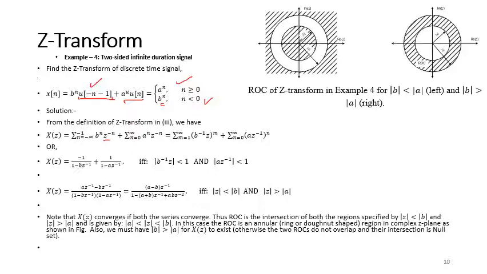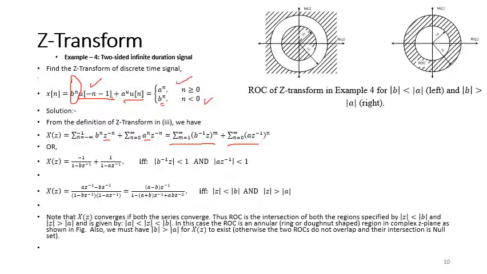For the left side, the sequence is from minus infinity up to minus 1, and its value is equal to b of n. Similarly, the right-sided sequence is n running from 0 up to infinity. I hope you can find the summation, because we have done a similar problem in the previous example, so you can find the mathematical expression for this.